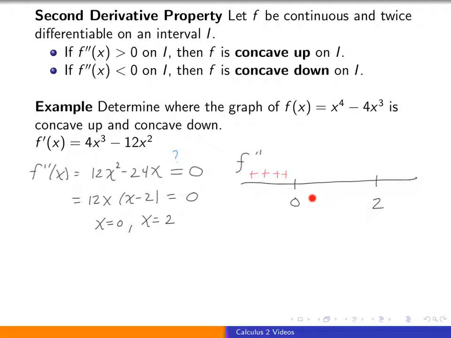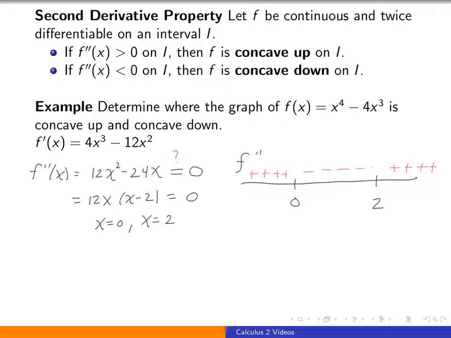If we plug in something between 0 and 2, like 1, we would have 12 times 1 is positive, times 1 minus 2 is negative. Positive times a negative is a negative. And on this third interval, going from 2 to infinity, if we plug in a number like 3, we would have 12 times 3 is positive, times 3 minus 2 is positive. Positive times a positive is a positive.